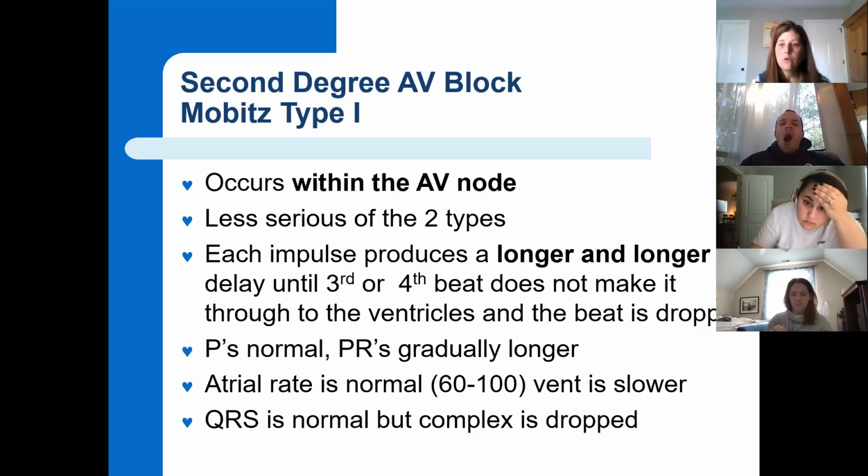Okay, and then that QRS in that case is going to be dropped. This one is also called Wenckebach. There's a little saying that says longer, longer, longer, drop, then you have a Wenckebach. So we're going to see that the PR interval gets a little bit longer each cycle until we have one that doesn't conduct all the way through and the QRS is going to drop. Okay.